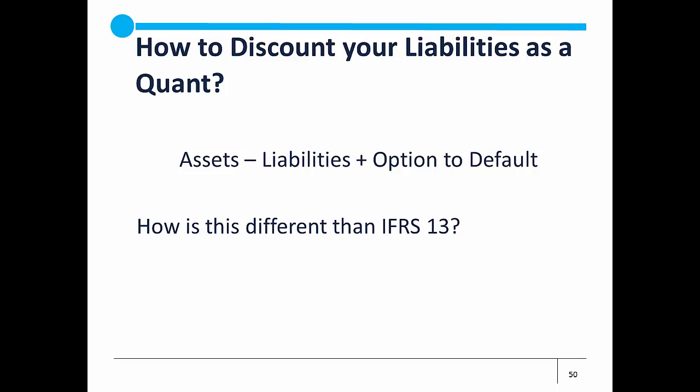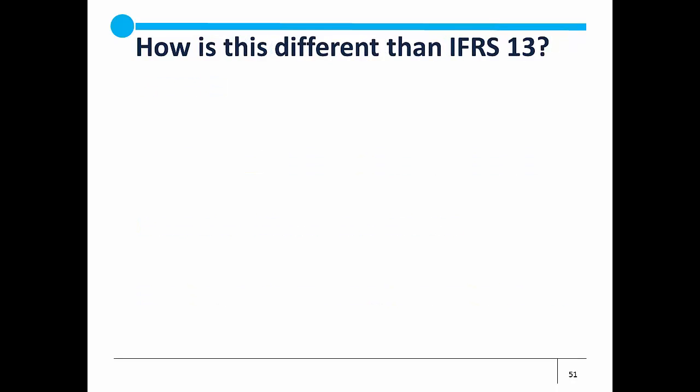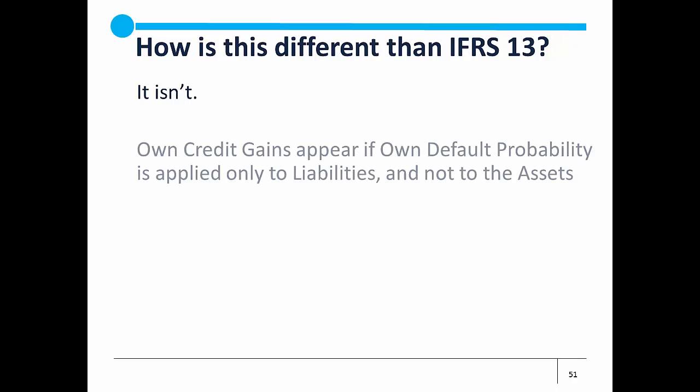How is this different than IFRS 13? Now, obviously, own default probability is the exercise probability of this option to default. So how is it different than IFRS 13? Well, it's not. It's the exact same thing, right?